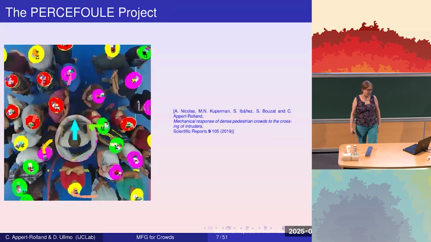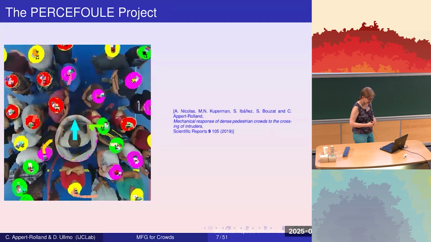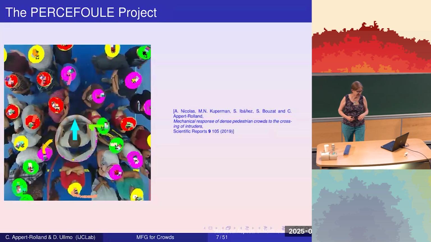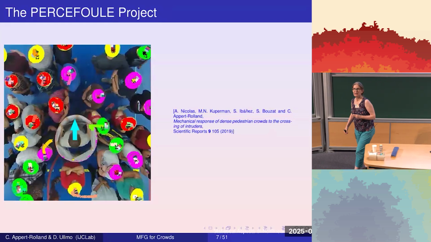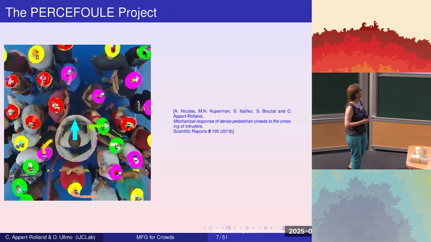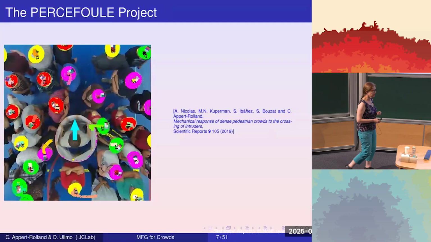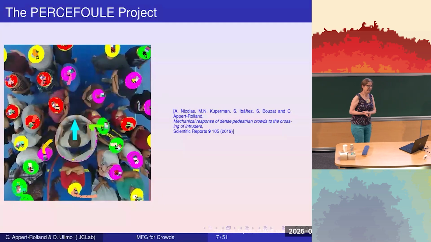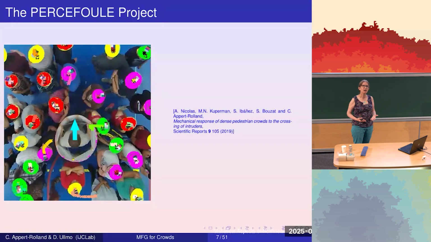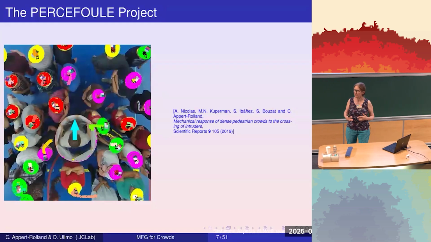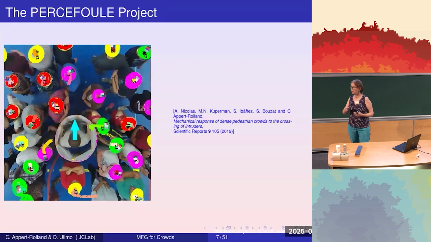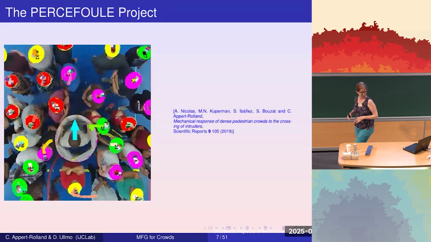So in 2018, we performed some experiments. It was an idea of Alexandre Nicolas, who is now a researcher in Lyon. The idea was to perform with a crowd an experiment which is quite classical for granular matter. You take a probe and you deform the medium, and you look at the deformation around the probe.